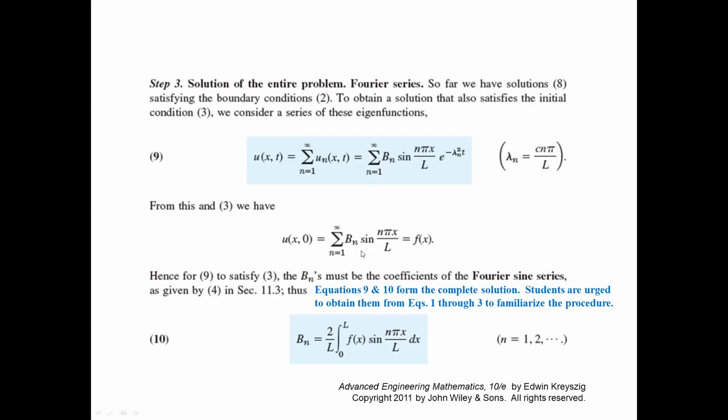Bn is unknown. So what it means is we are asked to find the Fourier sine coefficients from what we learned in chapter 11. The Fourier coefficient for this equation is this equation.